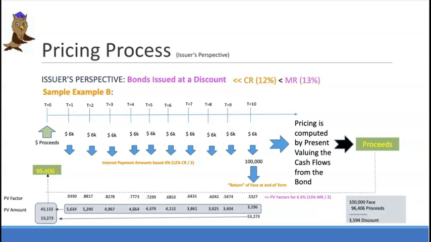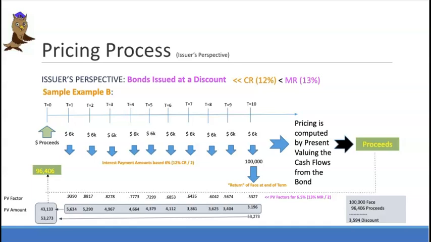Second, let's now discuss the bonds issued at a discount, assuming still a contract rate of 12%, but now a market rate of 13%. Note that the interest payments are still the same. As a reminder, they are a function of the contract rate of 12% times half a year times the face of $100,000.